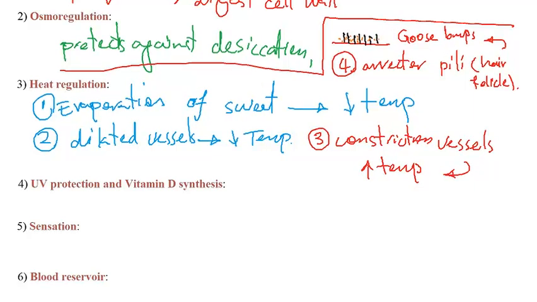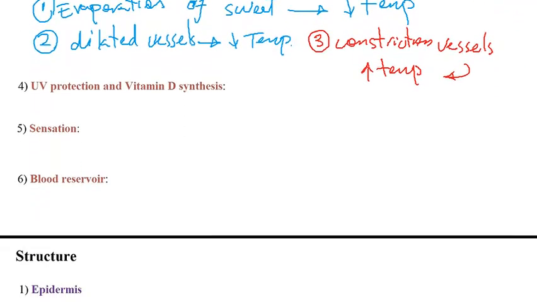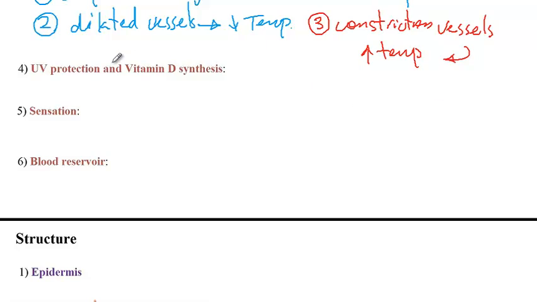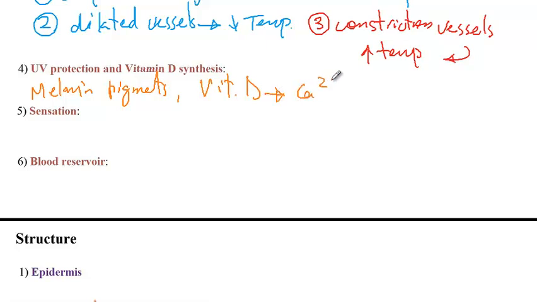The next function of the skin system is to provide protection against UV light, and it also helps with vitamin D synthesis. So basically there are melanin pigments in our skin that absorb the UV light and prevent it from reaching the deeper organs. And then inside the skin also there would be conversion of cholesterol into vitamin D, which helps with absorption of calcium.